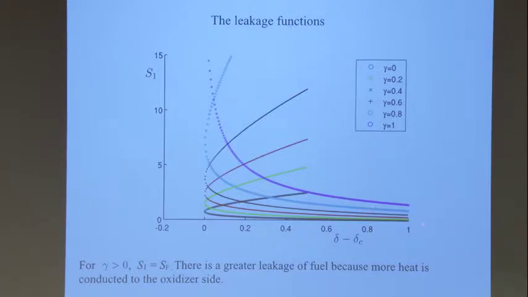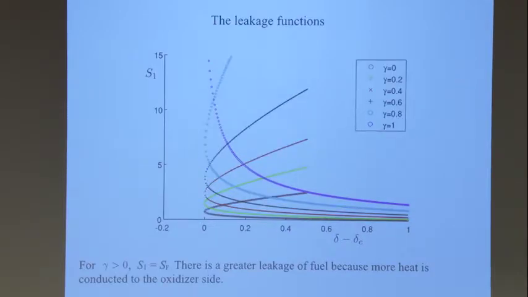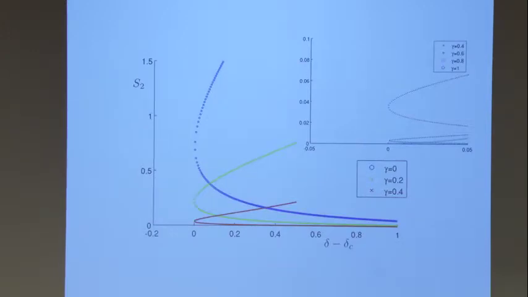So what this graph shows is that as you decrease your Dam-Kohler number, there is more and more leakage of fuel through the reaction zone, until delta critical, where the flame, or reaction, can no longer be sustained and extinction occurs. This was the leakage of the fuel when gamma is positive, and this is the leakage of oxidizer.